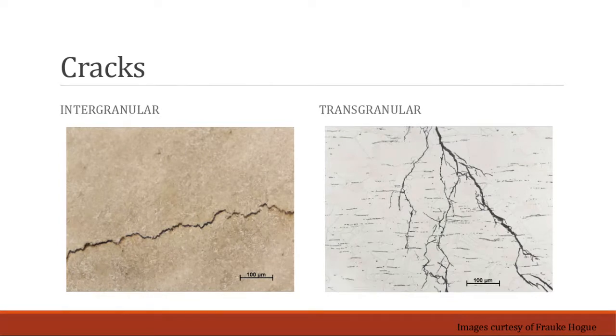The image on the right is an example of stress corrosion cracking with transgranular crack paths. What these terms mean is intergranular is following the grain boundaries. Transgranular is cutting across the grains.